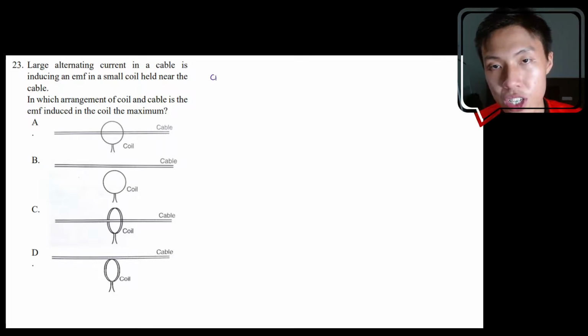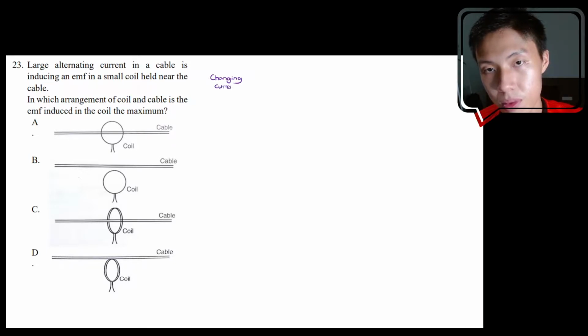So changing current in the cable is going to cause a changing magnetic field produced by the cable.